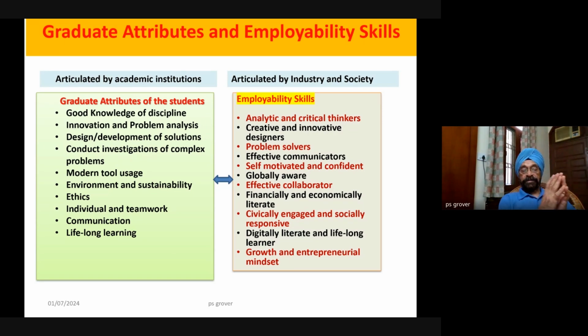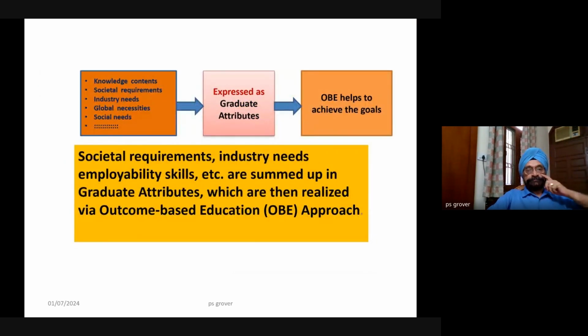Now, please see here, I repeat: what the industry wants, the employability skills, I am expressing as graduate attributes of the student. These graduate attributes will help me to design the curriculum. So when I design the curriculum, I am using what the industry wanted, so that I am embedding it.